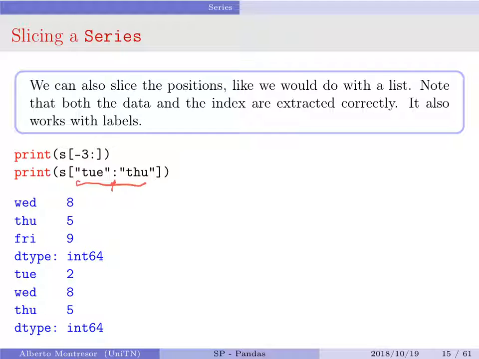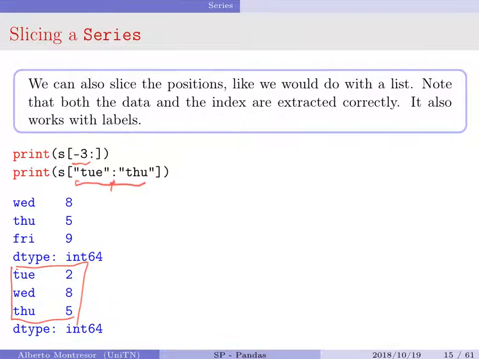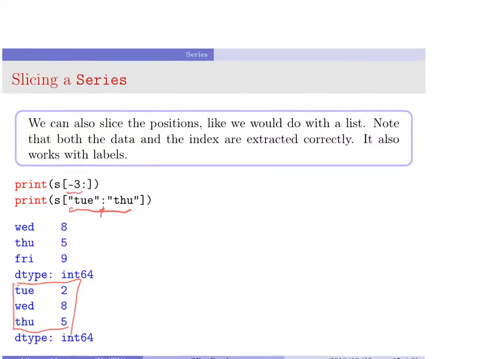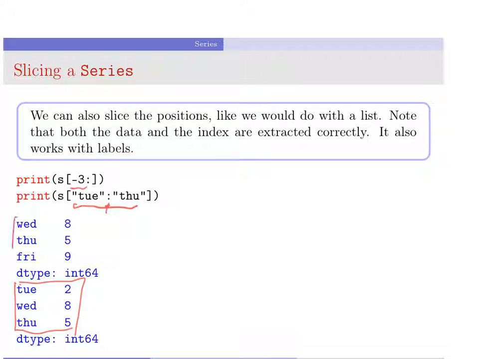So the idea is that you get only the part which is required, okay? And if you instead use the indexes, then you get the usual behavior of slices. This is from the third but last element to the last element, and this is from Wednesday to Friday, okay?